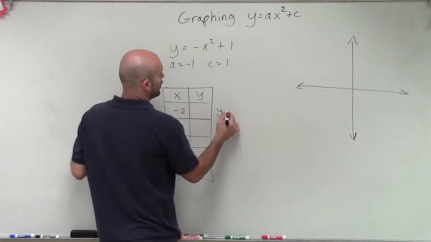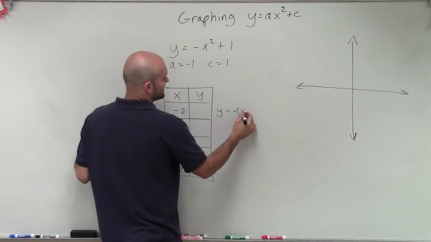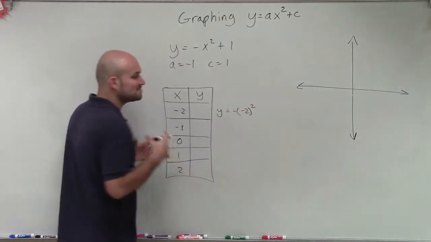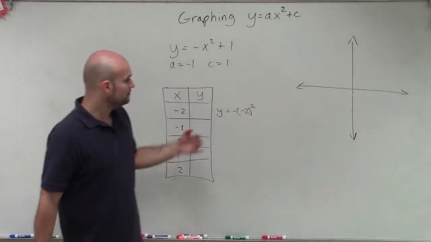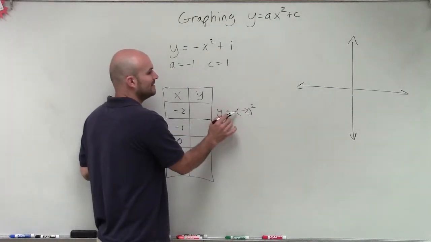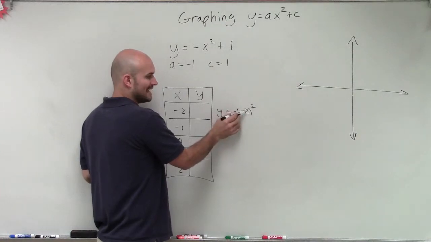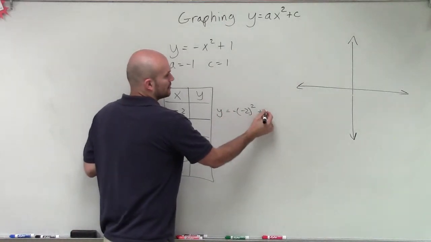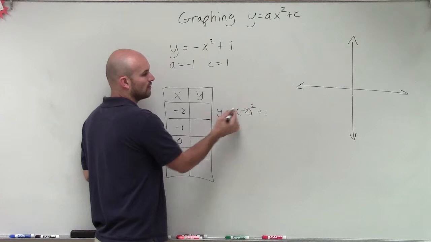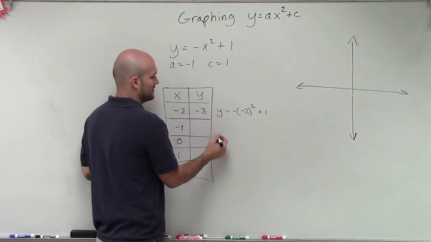All I simply do is substitute -2 in for x. Now notice my use of parentheses. The use of parentheses is very important here, because I'm not squaring a +2, I'm squaring a -2. So -2 squared is 4. 4 times -1 is -4, plus 1 is -3.